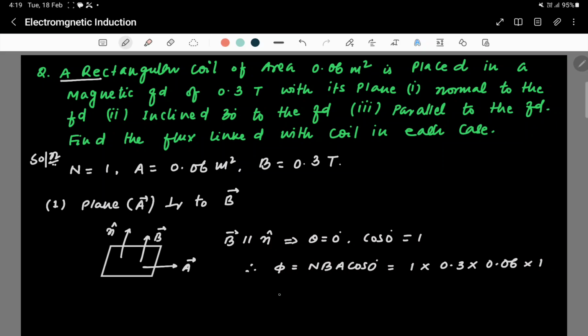Cos 0 is 1. Finally the answer is 0.018 Weber. Clear? Yes, sir.